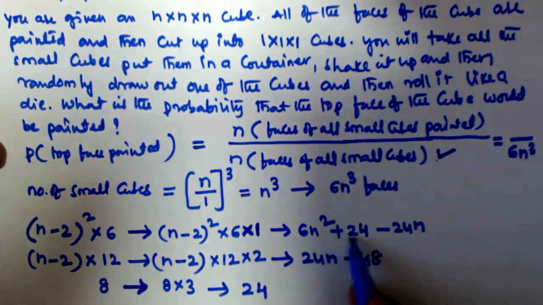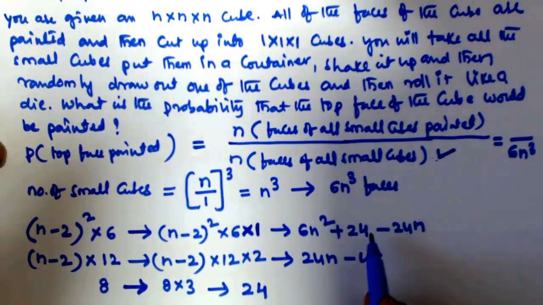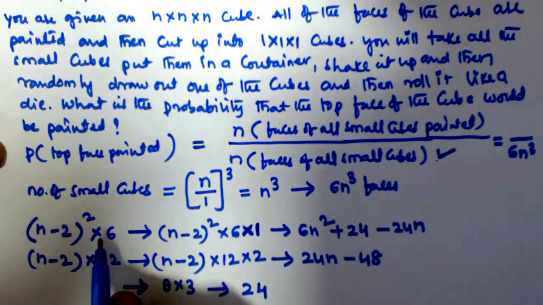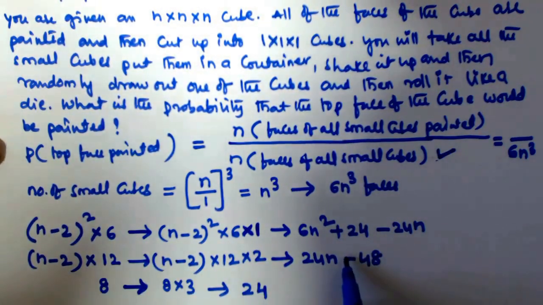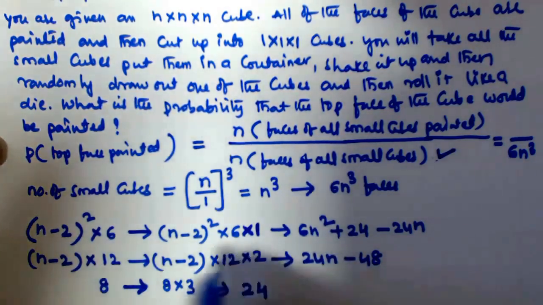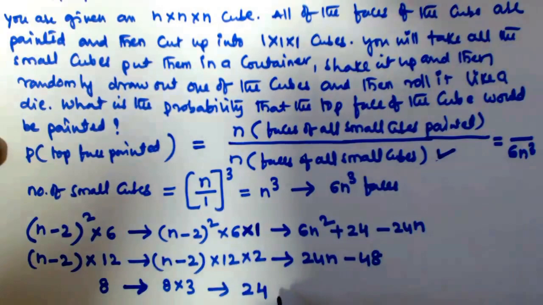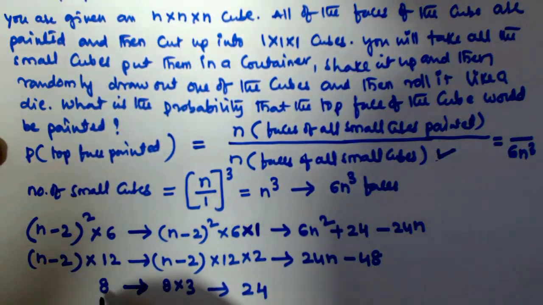So this one will give the total number of faces painted which are related to the cubes which are painted on one side. This one will give the total number of faces painted related to the cubes painted on two sides, and this one will be the total number of faces painted related to the three-sided painted cubes.